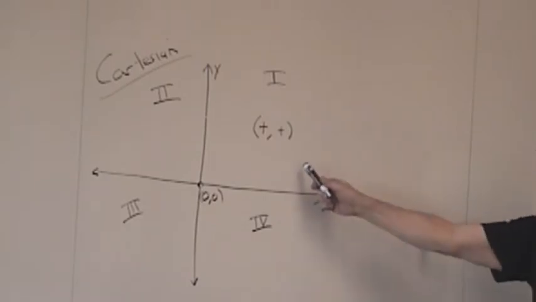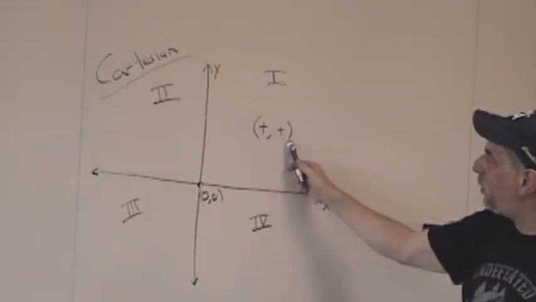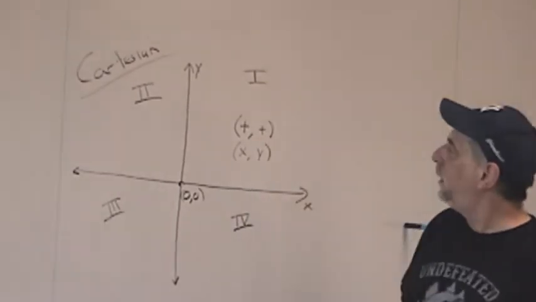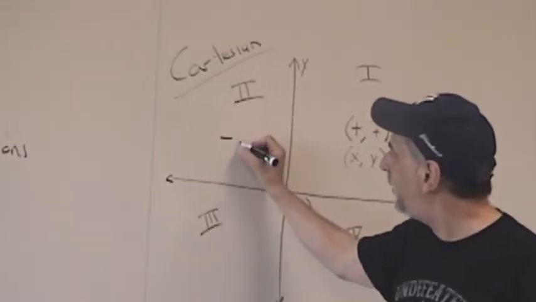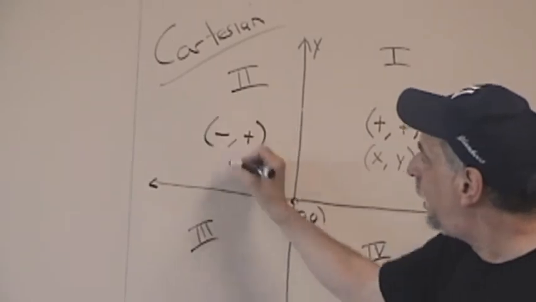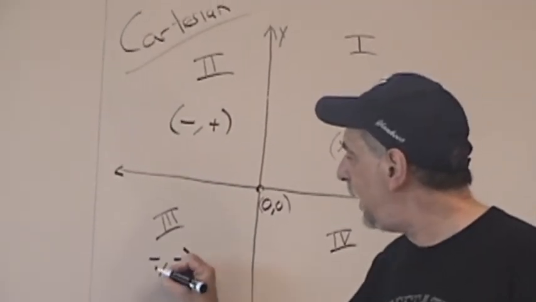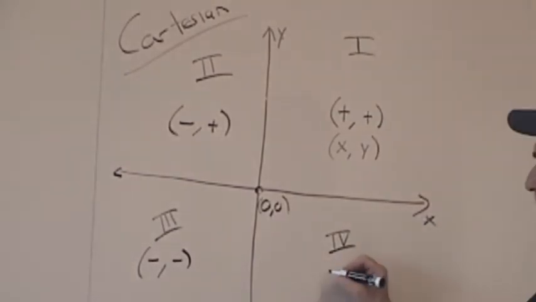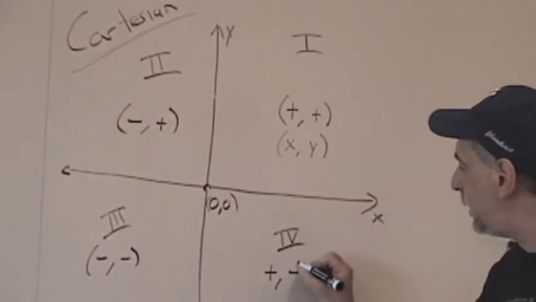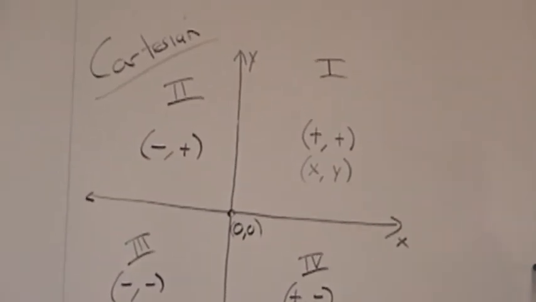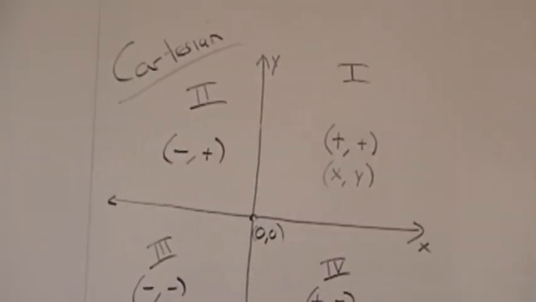In quadrant 1 we're going to have positive x values and positive y values. In quadrant 2 we're going to have negative x values and positive y values. In quadrant 3 we're going to have negative x's and negative y's. And in quadrant 4 we're going to have positive x's and negative y's. Please catch any mistakes I made.